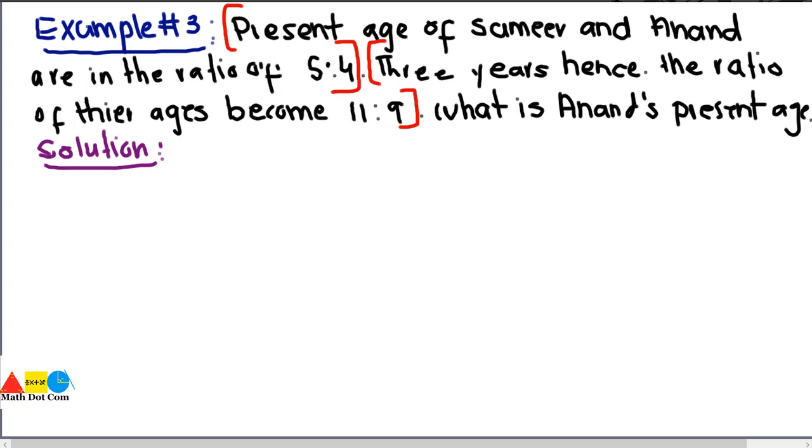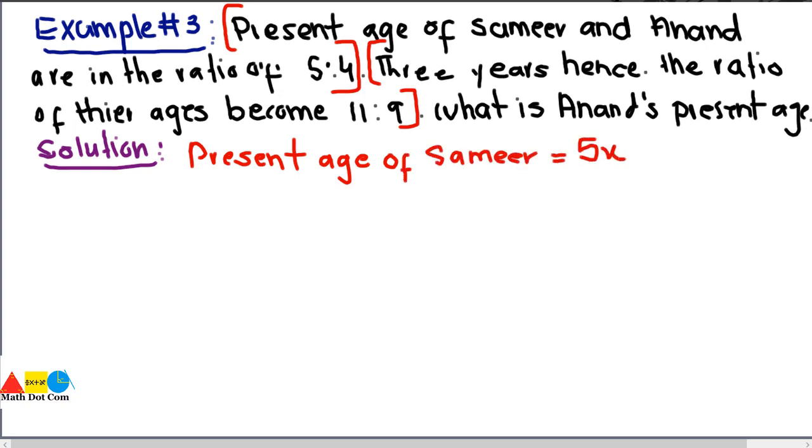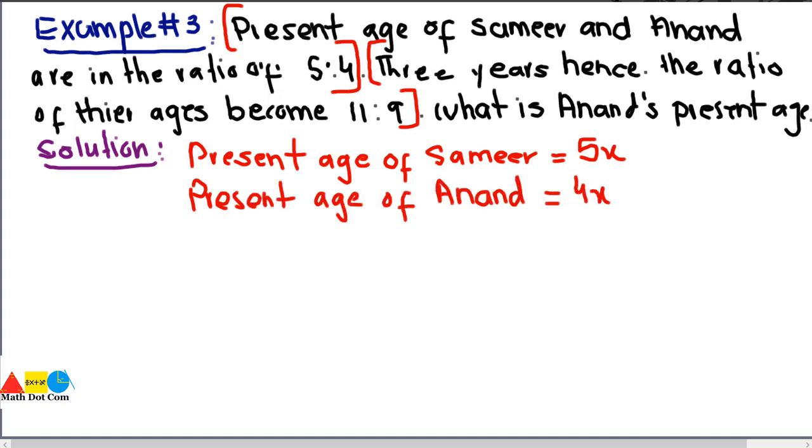So I'll write the present age of Sameer is equal to 5x, because in the ratio we have 5:4 and Sameer to Anand means the ratio of Sameer is 5 and Anand is 4. So I'll write the present age of Anand is equal to 4x, as we have derived it from 5:4. Okay, so this is part 1 of the question.